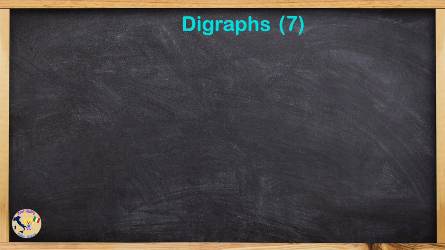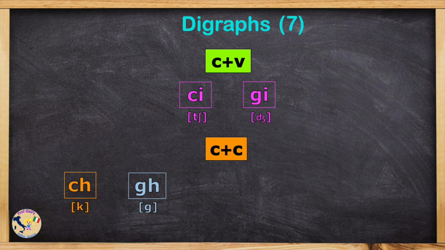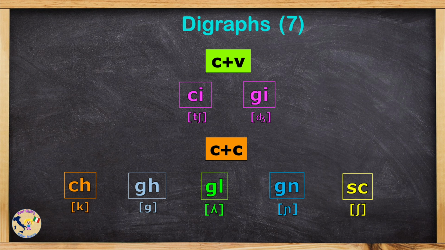In addition to the ones you already know, that is CE, GE, CH, and GH, there are 3 more digraphs formed by two consonants. These are GL, which sounds like L, GN, which sounds like N, and SC, which sounds like Sh.